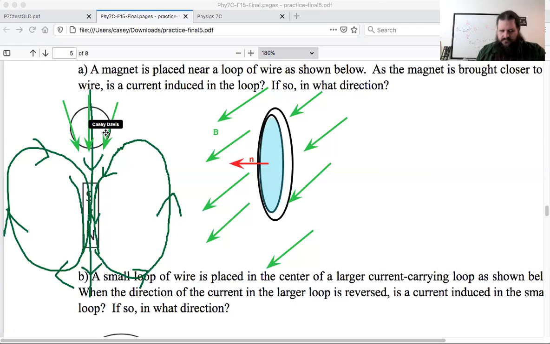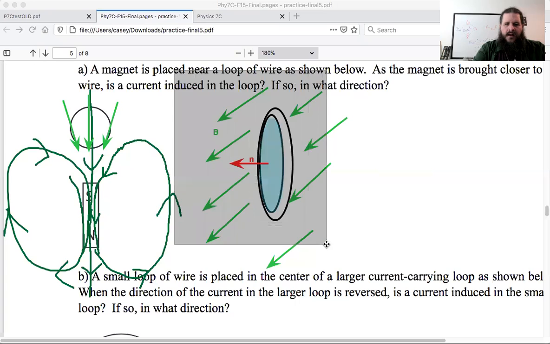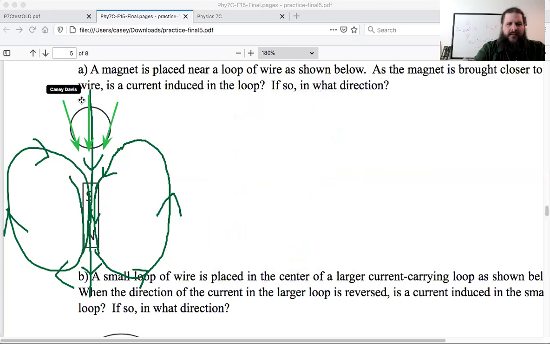Any other? So then in that case, the induced current direction would just oppose that increased flux. So how would we get that direction of the induced current from that situation? Let's say we have that situation as just described.